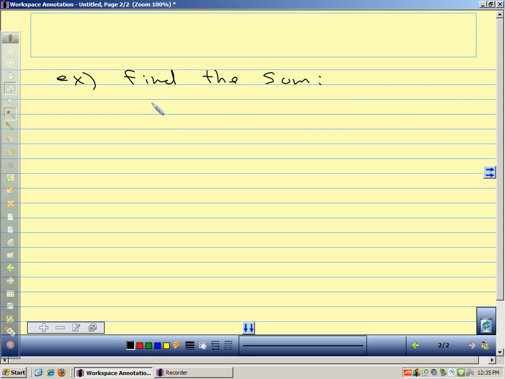Our first sum is the sum of i equals 1 to 4 of 3i. I have a constant here. Using our properties, I could write this as 3 times the sum, i equals 1 to 4, of i.